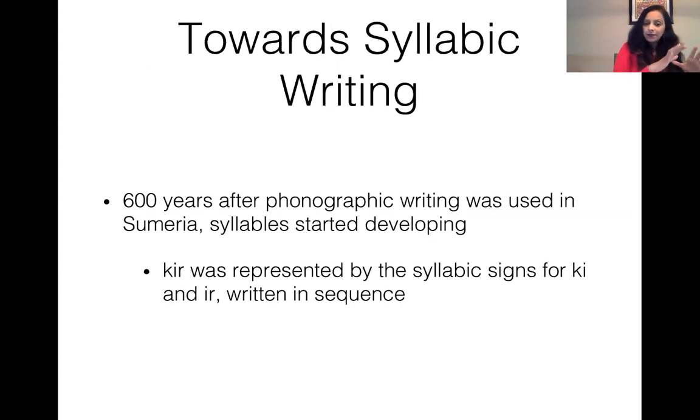Now, we're moving on from the pictographic and logographic representation to the more commonly used scripts currently, the syllabic writing. Syllabic writing or phonographic writing is rather new. So the older versions are logographic and pictographic. And this kind of phonographic syllabic writing was started in Sumeria around 600 years after logographic writing was used.